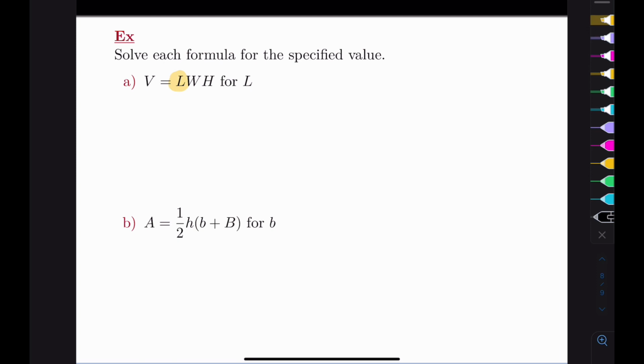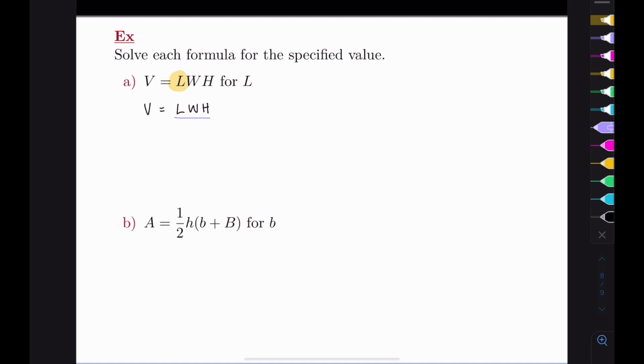You might have a couple different ways. This problem doesn't. So kind of go with your gut. The one thing you want to avoid is you don't want fractions within fractions. So to get L on its own, I need to get rid of these other two things. And right now, LWH means L times W times H. So to get rid of these two, I want to divide.